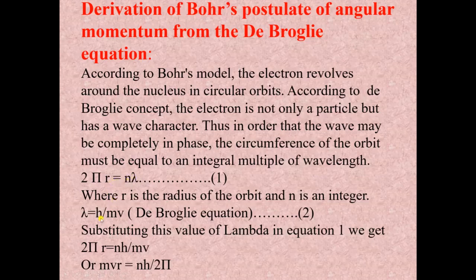From de Broglie's equation we can write lambda is equal to h by mv. So put equation number 2 in equation number 1. It will become 2 pi r is equal to nh by mv. When you shift mv to the left hand side, we can write mvr is equal to nh by 2 pi. You can see that this is Bohr's postulate that only those electrons are allowed to revolve around the nucleus whose angular momentum is an integral multiple of h upon 2 pi.